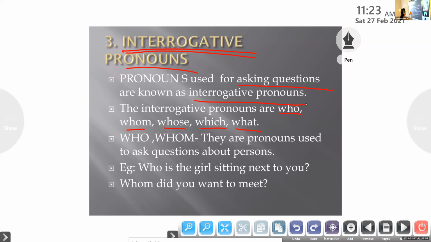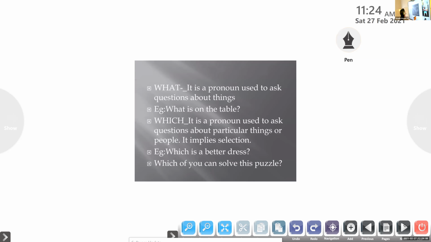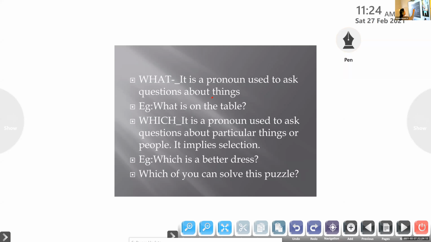Who and whom stand for people. They are the pronouns used to ask questions about persons. And what is only used for things.